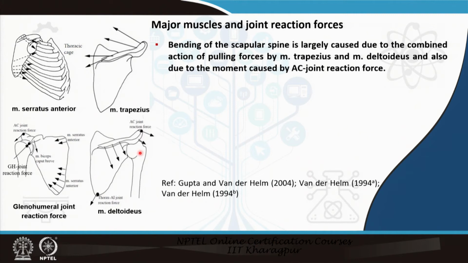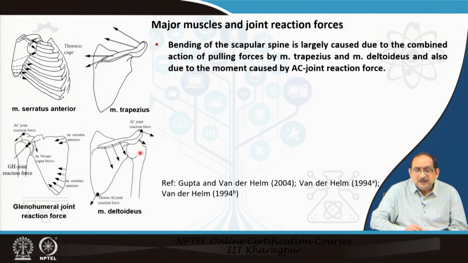Let us now look into the effects on the bony structure of the scapula. Bending of the scapular spine is largely caused by the combined action of pulling forces by muscle trapezius and muscle deltoid, and also due to the moment caused by the acromioclavicular AC joint reaction force.